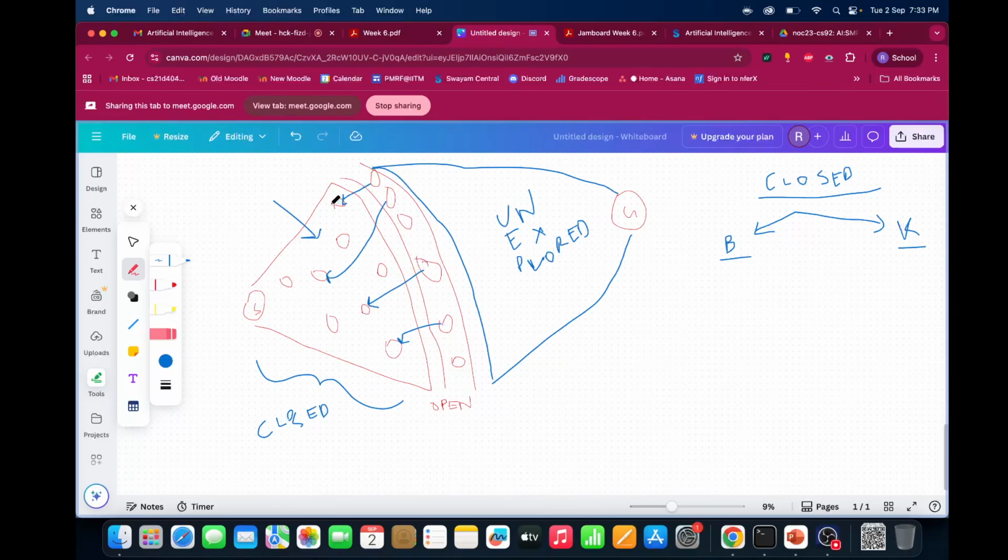Okay, so this node, this node, this node, and this node, these will be part of our boundary, right, which have at least one connection to a node in the open list. This could also be there.